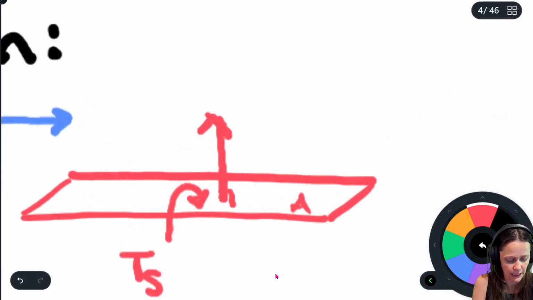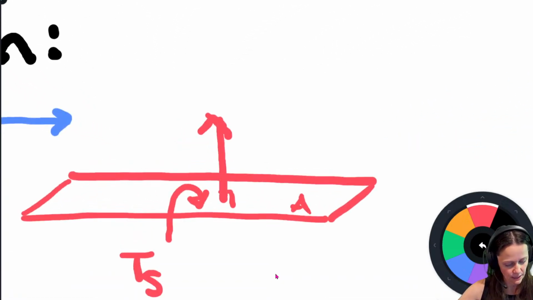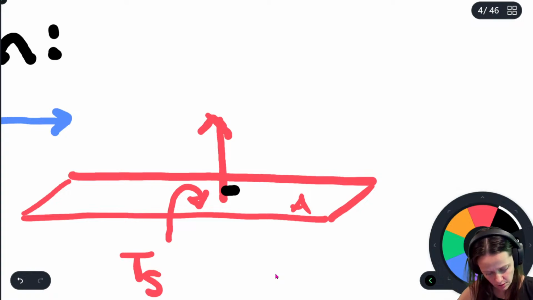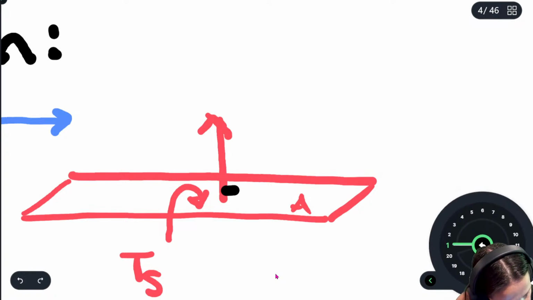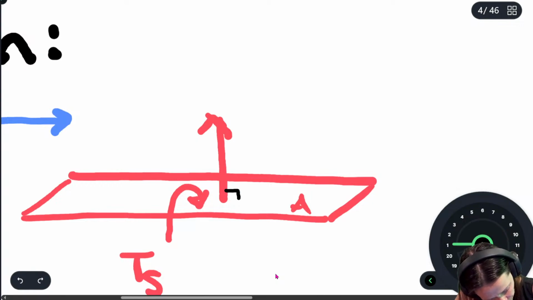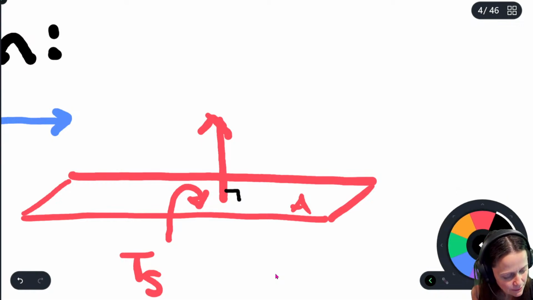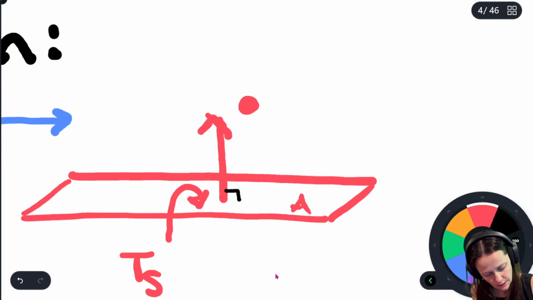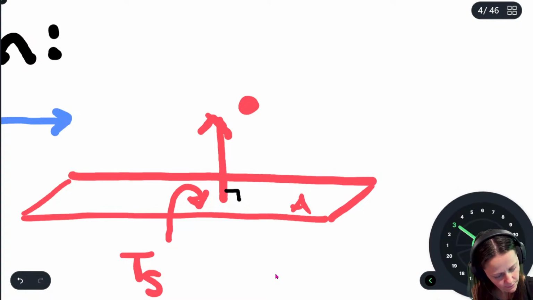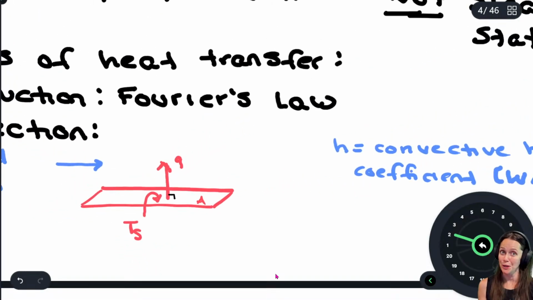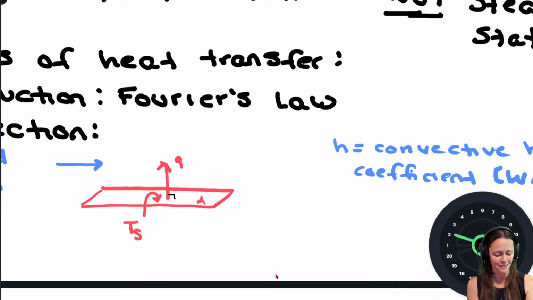I'm trying to indicate a right angle. So Q is going perpendicularly to the isotherm, being the plate itself.